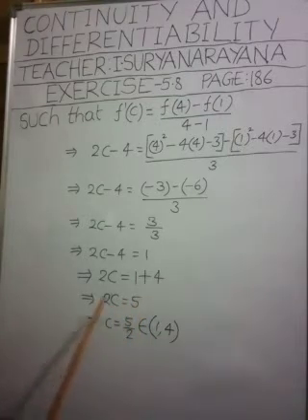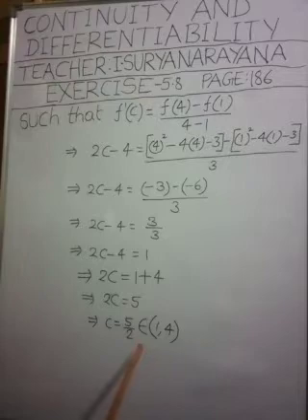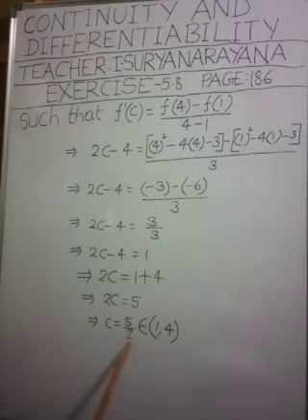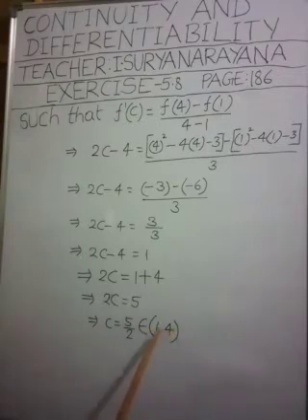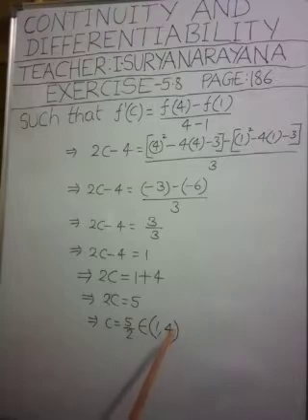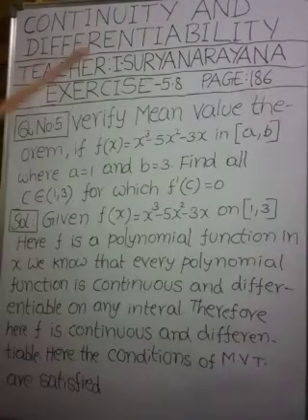This implies c is equal to, we are sending 2 to RHS. Then it becomes by 2. So 5 by 2. If you observe the value of this c, it is lying between 1 comma 4. It belongs to, 5 by 2 belongs to the open interval (1, 4). Understood, my dear children? Right.